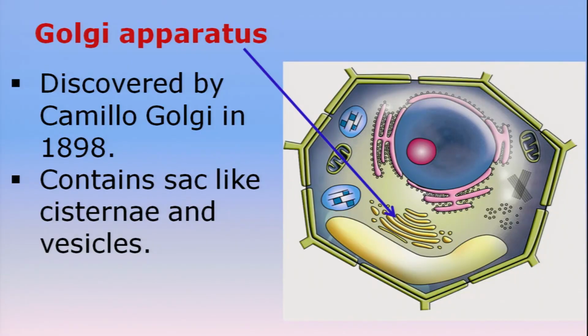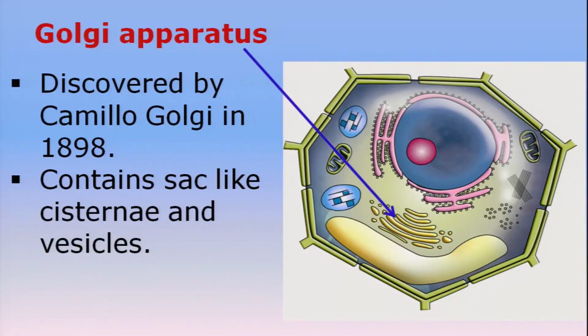This organelle consists of sac-like flattened pouch-like structures called cisternae and vesicles. These sac-like structures or cisternae are always arranged parallel to each other. And Golgi apparatus is always present next to endoplasmic reticulum, as they both work together.